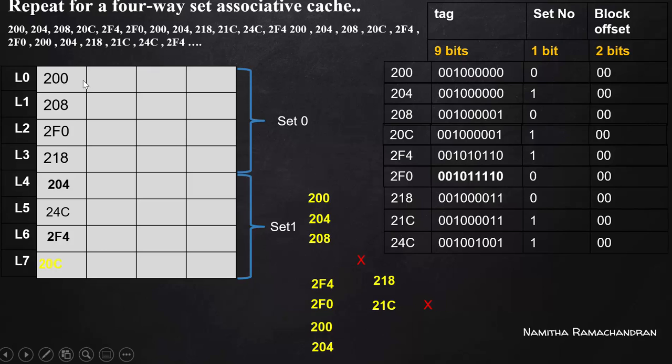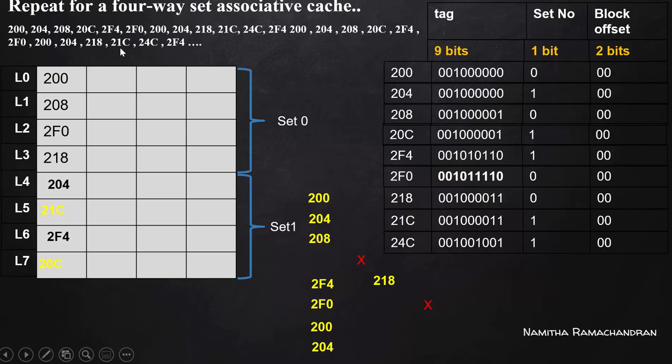Next, recently used from set 1 is 2F4. Next is 20C. So the least recently used is 24C. So from line number 5, we can remove the word holding the byte 24C, move it back into memory, and make room for the word that contains the byte address 21C. So this is again a cache miss.